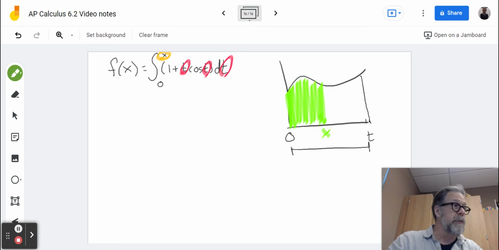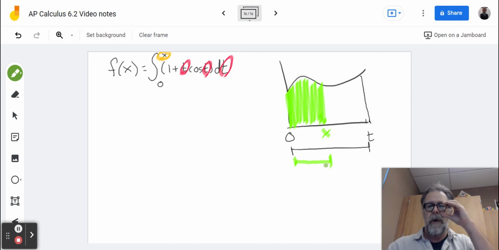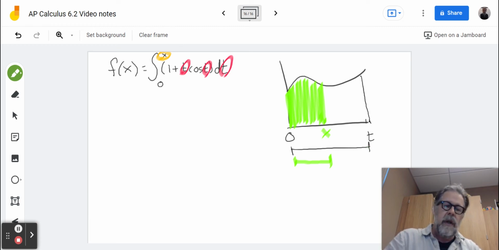And as long as x is between 0 and t, I can calculate that area. So this is why we have two different variables. t is the function, it's the black function drawn on there, and x is the amount that I want to know. So if I want to know how much snow has fallen by 2:30 in the morning, I set x to 2:30. The function for how much snow has fallen is the function of t.